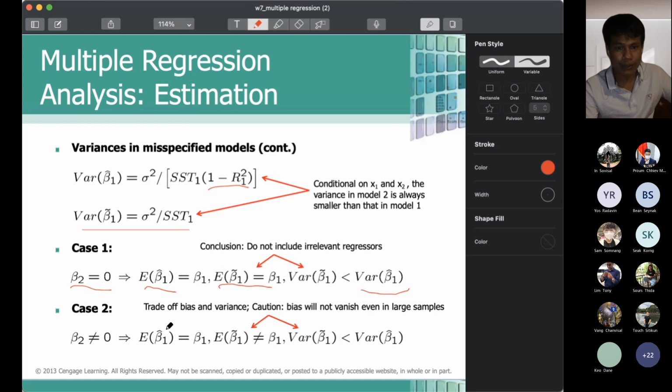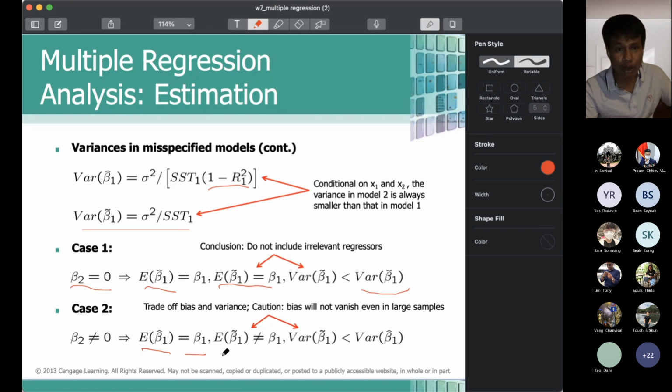So if delta 2 is different from 0, meaning that this x2 is a relevant variable, and you run model 1, you will get the expected delta 1 hat close to the population parameter.